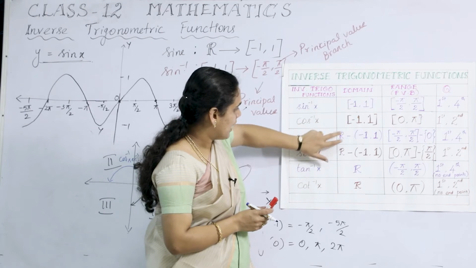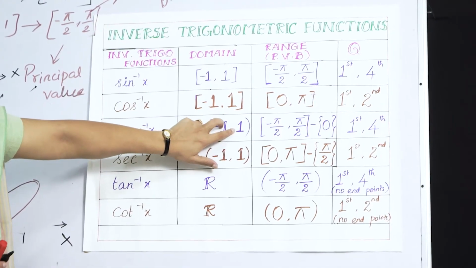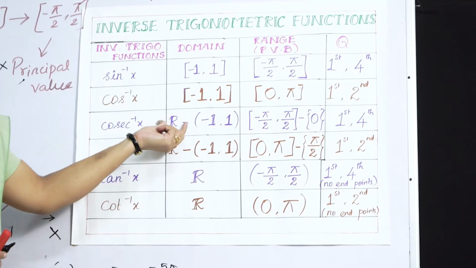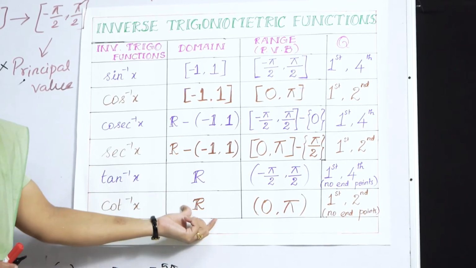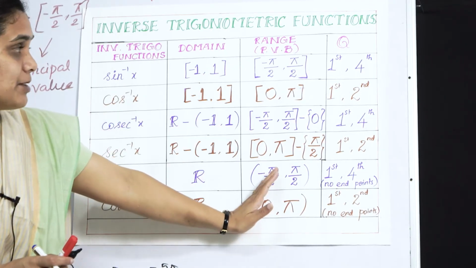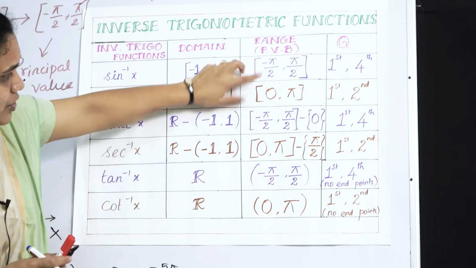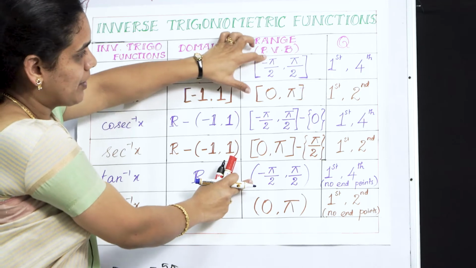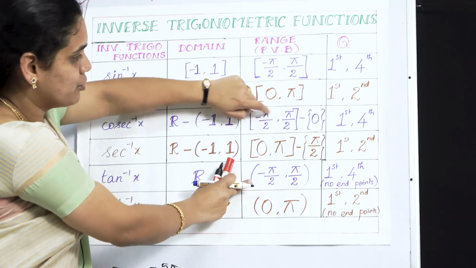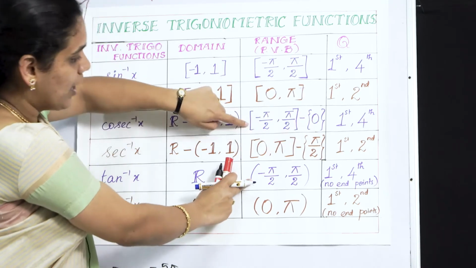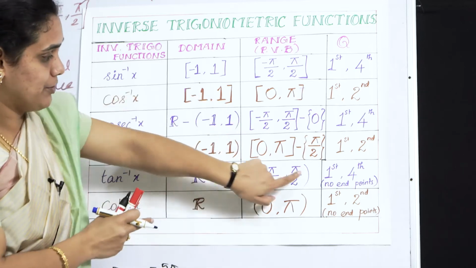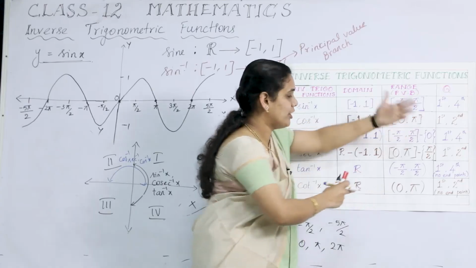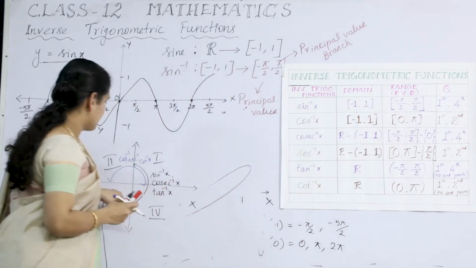For cosecant and secant, it is minus 1, 1 excluded, except that we can take any real number, and even these two are the same. And if you look at this principal value branch, you see these 3 go similar: minus pi by 2 comma pi by 2, this is minus pi by 2 comma pi by 2 excluding 0, and this is the open interval of minus pi by 2 comma pi by 2, and these 3 go together. If you can remember in that way, that is fine.